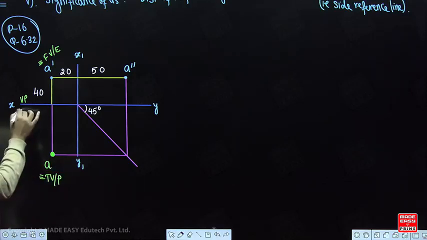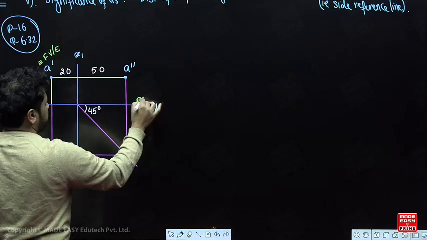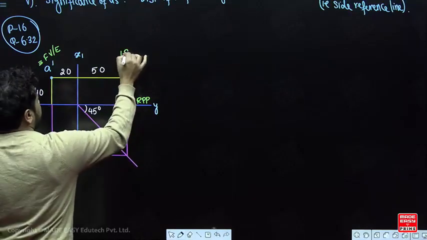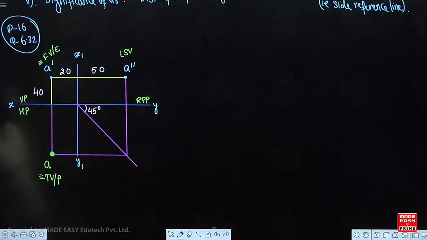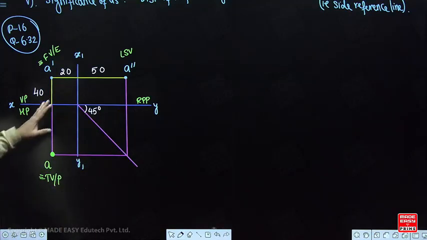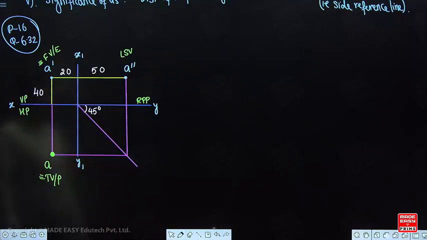So this will be your HP. We know that right to the VP lies RPP. Any projection on RPP is your left side view, because it is the first angle. First angle means RPP will be right. So this is the VP, this is HP, and towards the right of the VP is your LSV. So this is the complete structure that we have done.